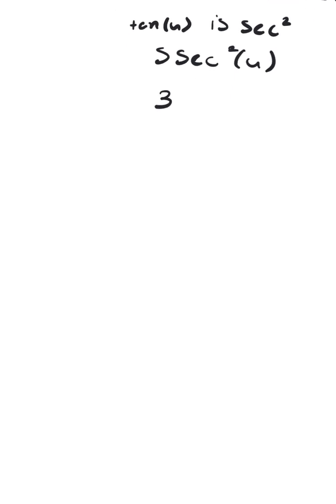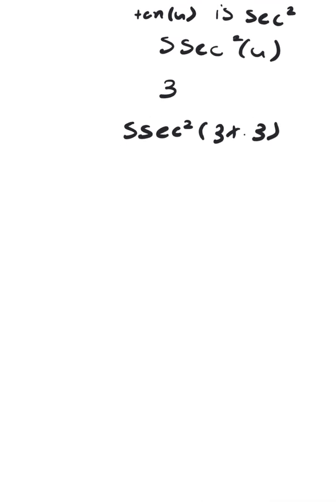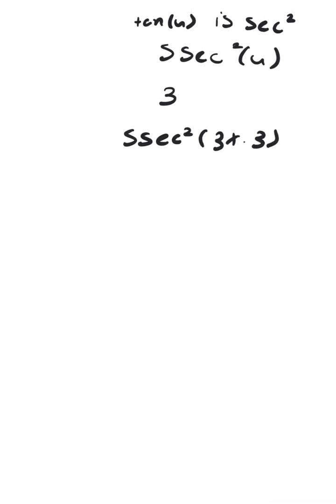So now we multiply 5 secant squared of 3x times 3, because the chain rule equation is h prime of g of x times g prime of x.